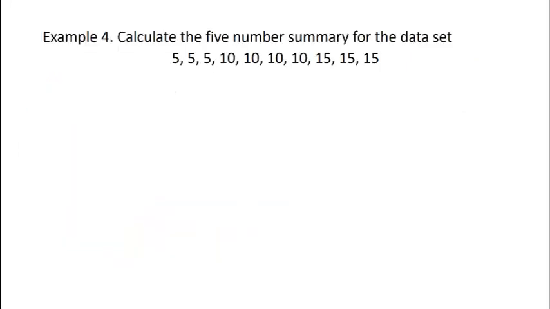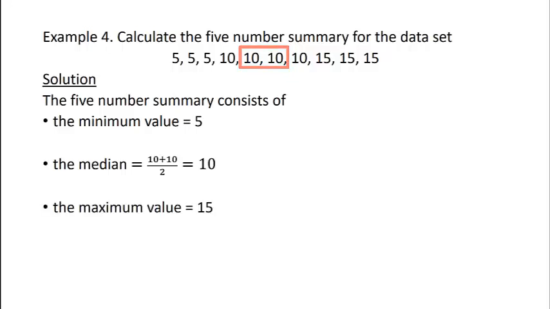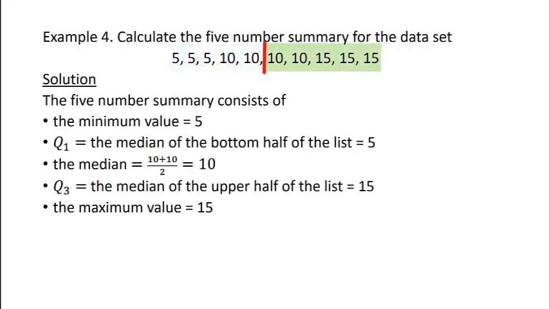Let's do an example. Let's calculate the 5-number summary for the data set we see here. Our 5-number summary consists of the minimum value on our list, in this example 5, the median value, which in this set would be the average of the 2 numbers in the middle, 10 plus 10 divided by 2, so 10, the maximum value on our list, 15, and now Q1, the median of the bottom half of the list, which would be 5, and Q3, the median of the upper half of the list, 15.